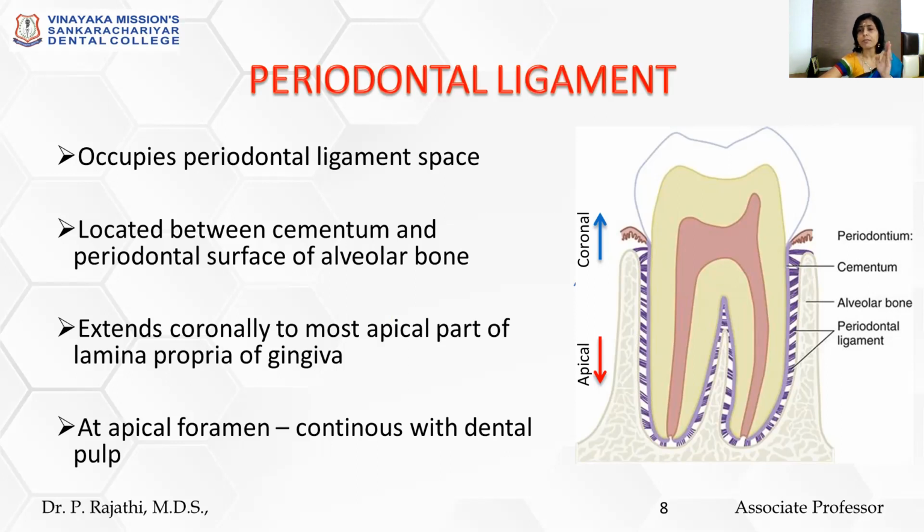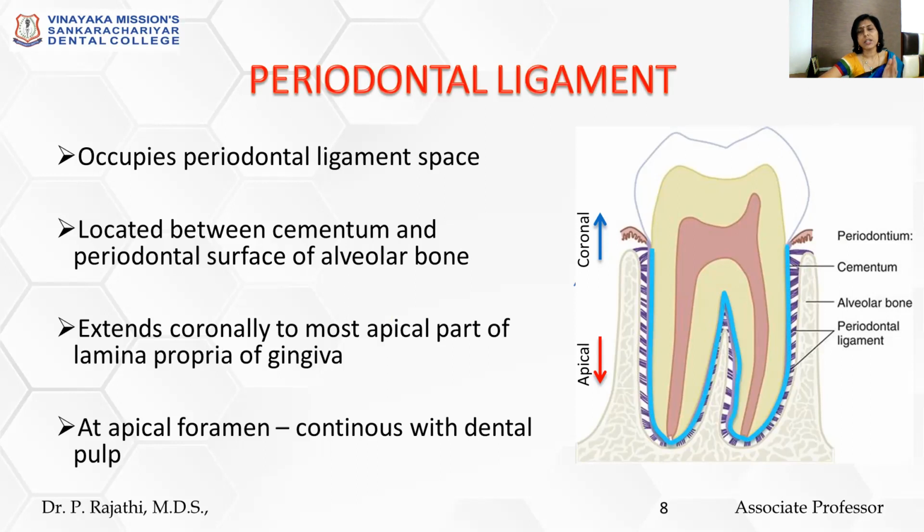Periodontal ligament is nothing but a fibrous connective tissue that is attaching the cementum of the tooth to the alveolar bone proper. So where is it located? It occupies the periodontal ligament space. There is a space that exists between the cementum of the tooth and the periodontal surface of the alveolar bone.